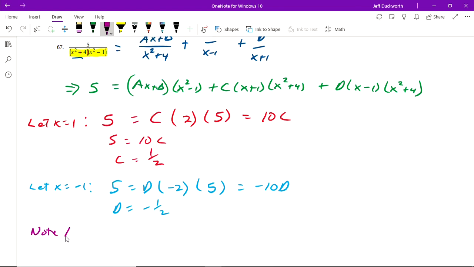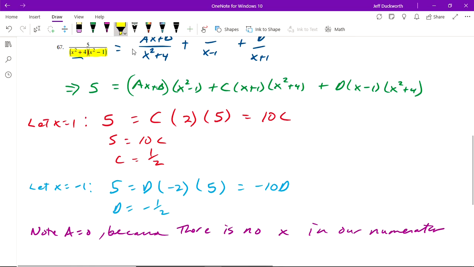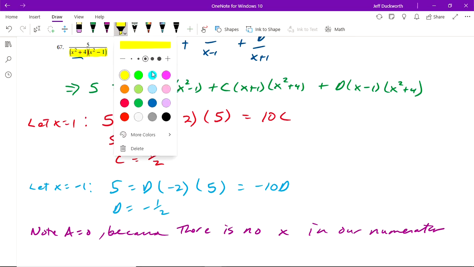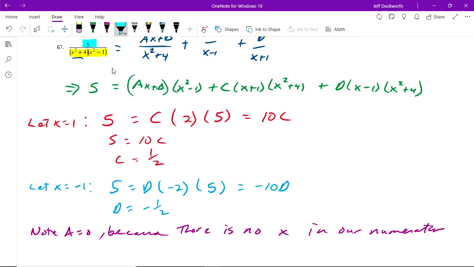Well, a equals 0 because there is no x in our numerator. And I'm specifically referring to the numerator of the 5. It's just a 5. So that's helpful.